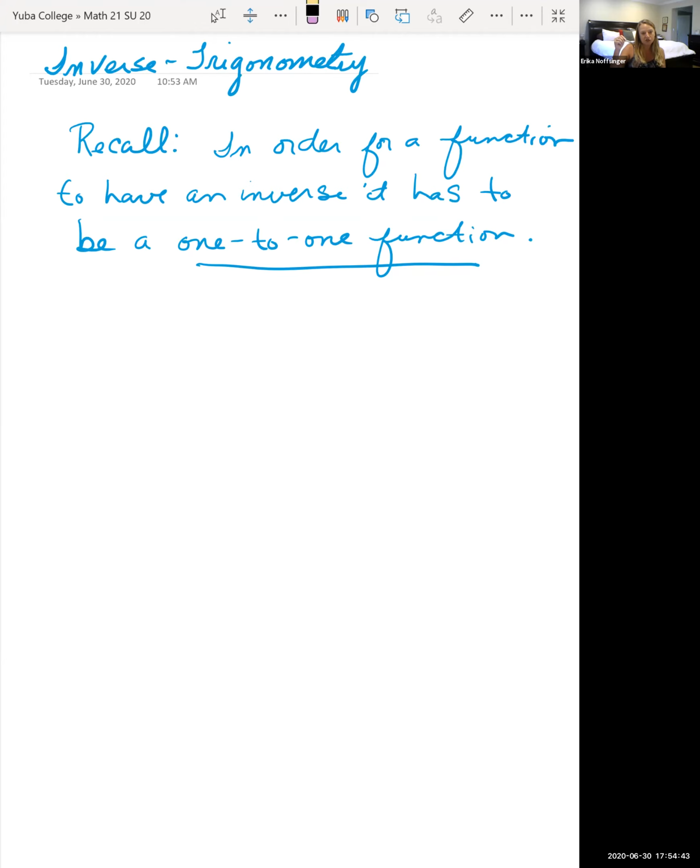So our function looks similar to this. And if we draw a horizontal line anywhere on this graph and it crosses more than once, it's not 1-to-1.